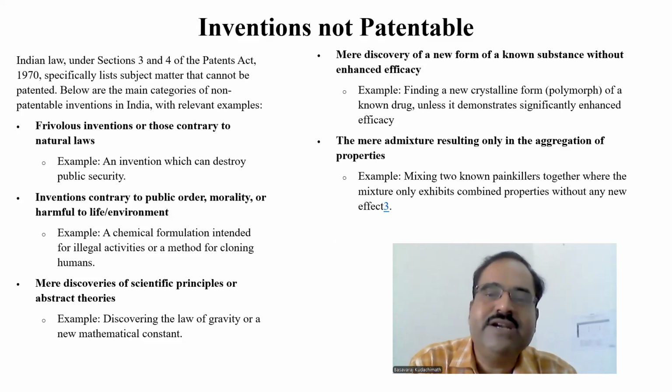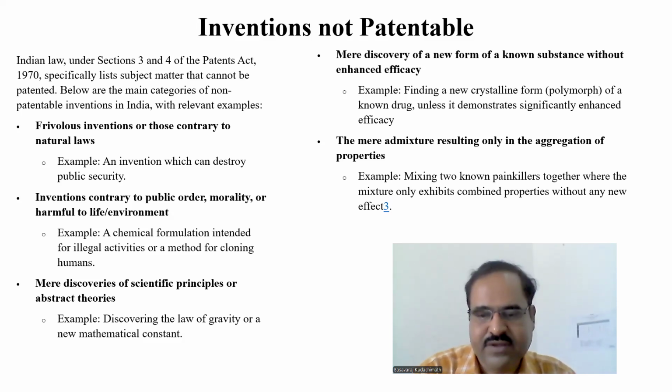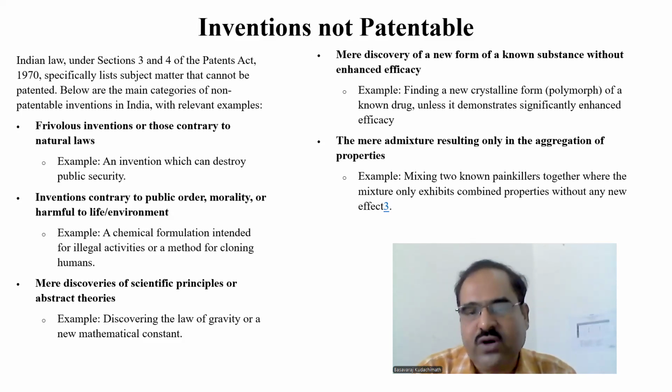Next one is mere discoveries of a new form of known substances without enhanced efficiency. Some substance you identify, but it does not enhance the efficiency. In fact, it reduces the efficiency. You might have seen in the movie Three Idiots, the innovators who tried to write on the moon and Mars, where they find the zero gravity pen, but that zero gravity pen is too costly to afford.